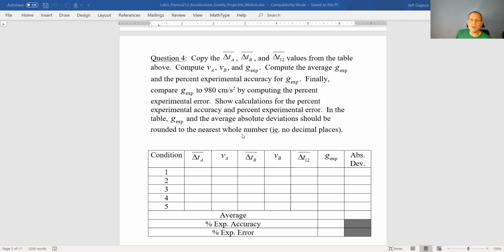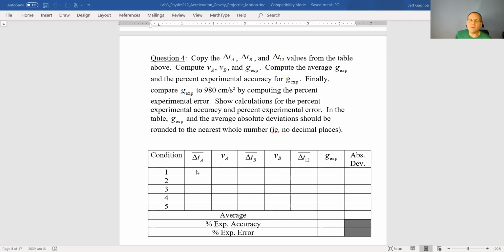So to compute VA here, you're simply going to use the diameter of the ball, which is 1.90 centimeters, divided by this particular time, which is your average delta TA. Then to get the next one, it'll be 1.90 centimeters divided by this particular time, and so on.